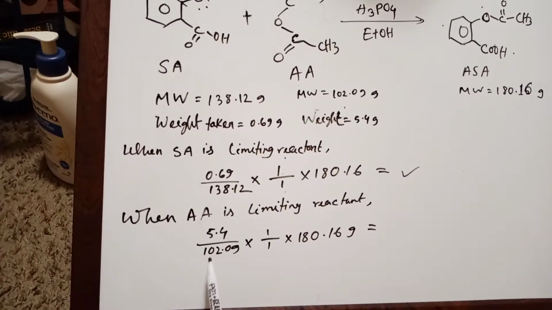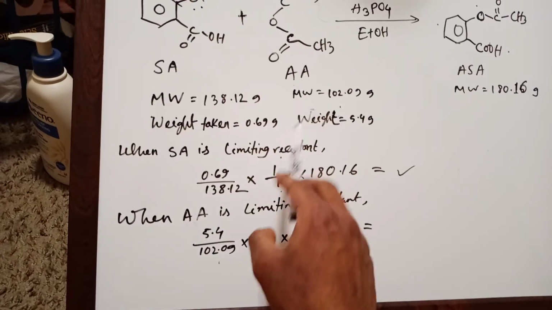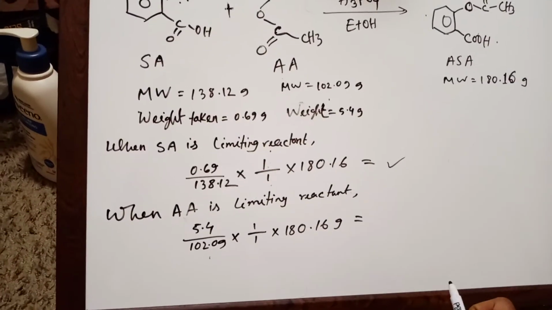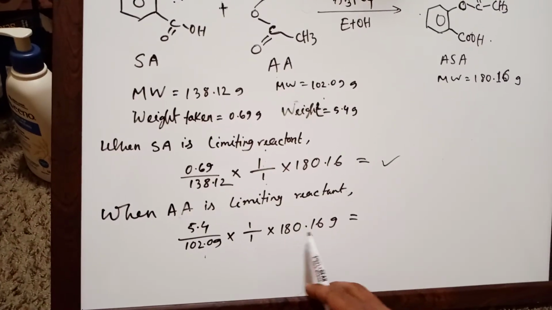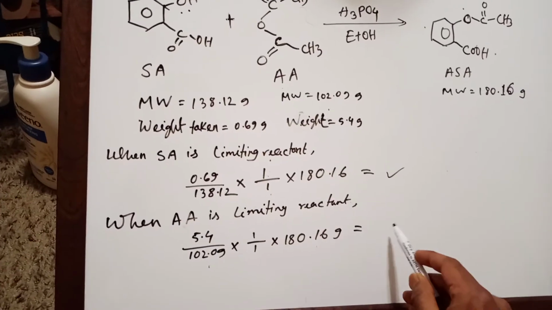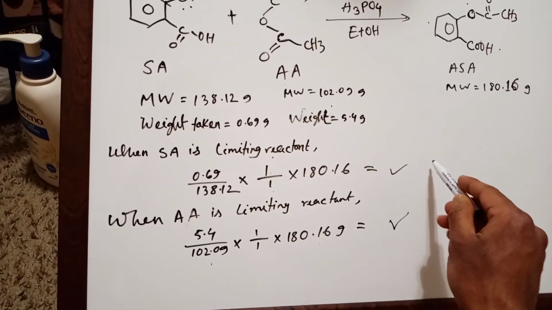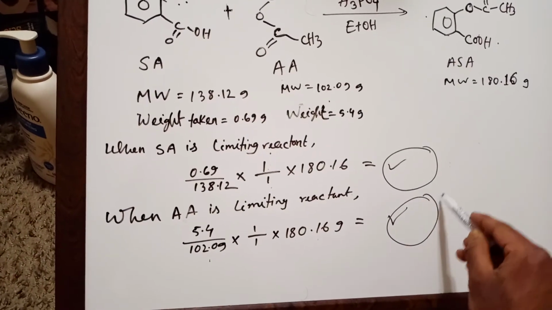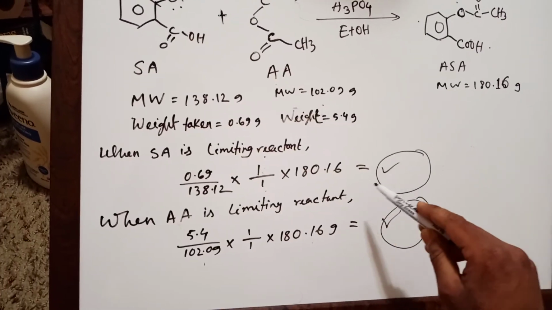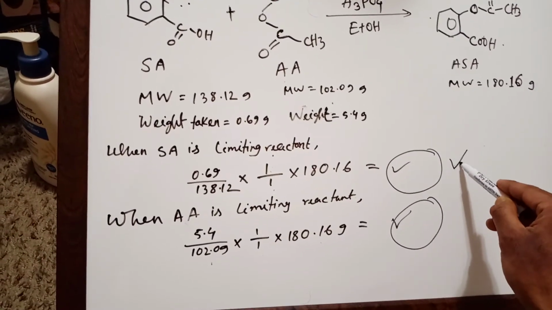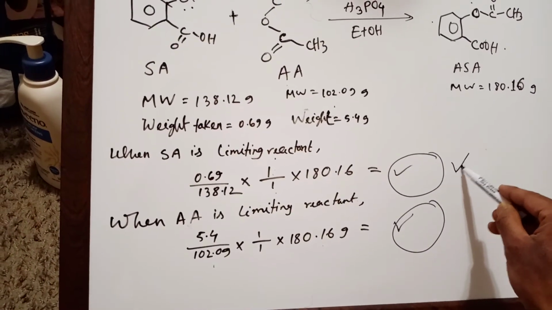Following the same process, we find the mole of acetic anhydride, then the molar ratio, and multiply with the molecular weight of aspirin, okay? So then we will get one value. So we will get two values here, right? Whichever value is less, that is the limiting reactant. Maybe we will get the lesser value here.